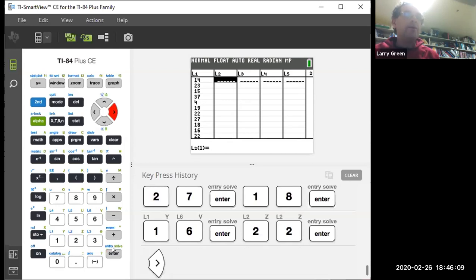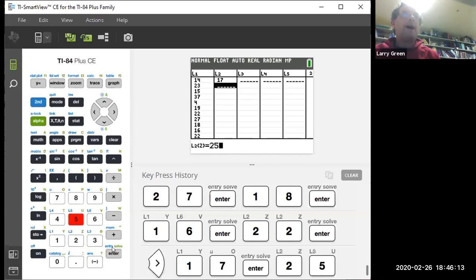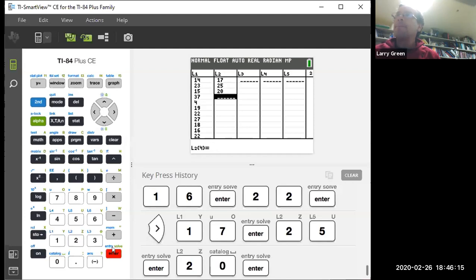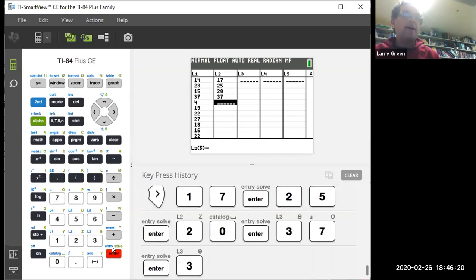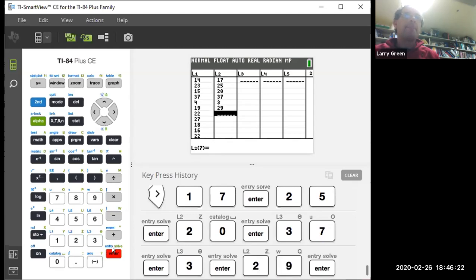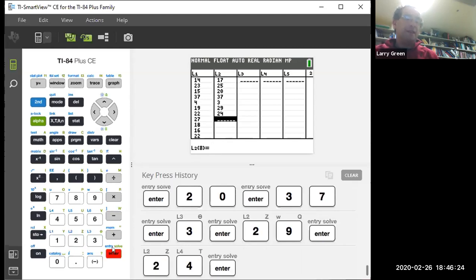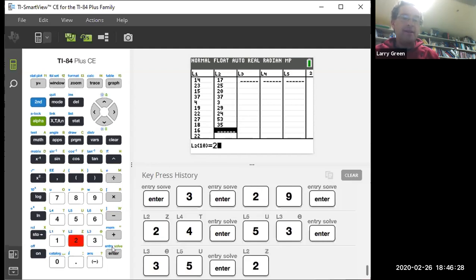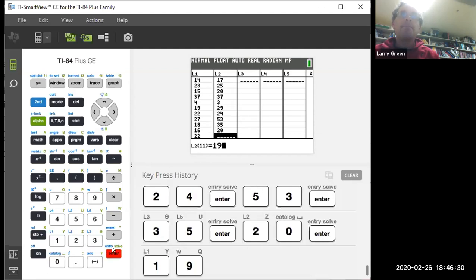And then L2 was 17, 25, 20, then 37, 3, 29, 24, 53, 35, 20, 19, and 22.